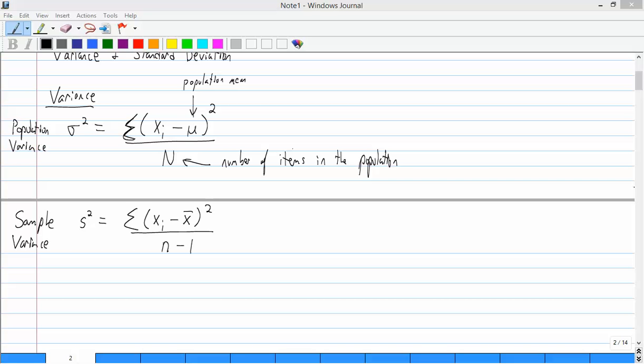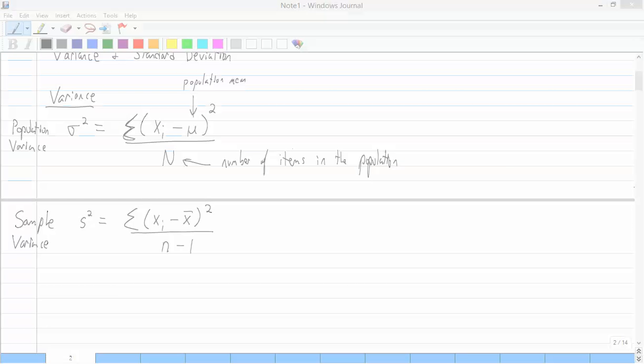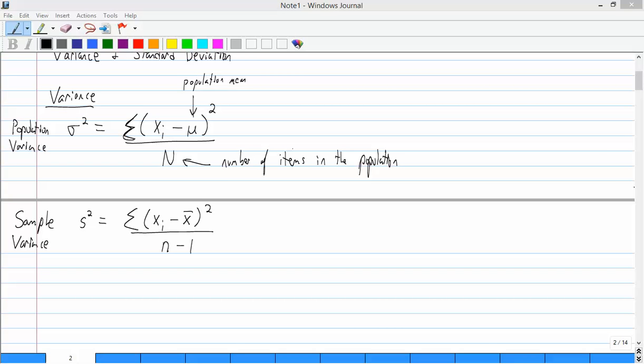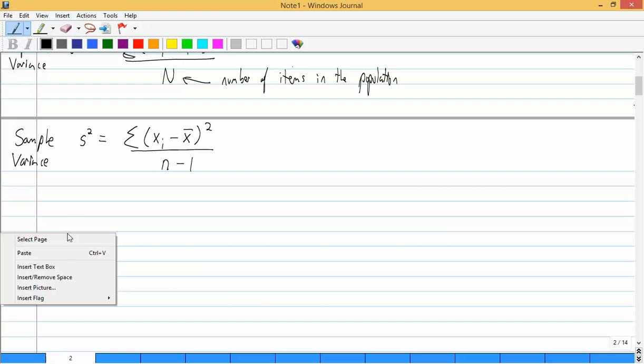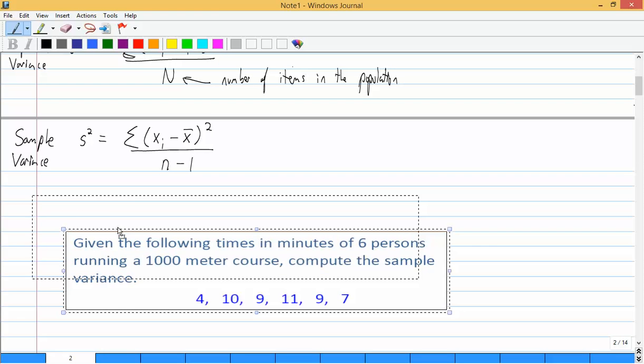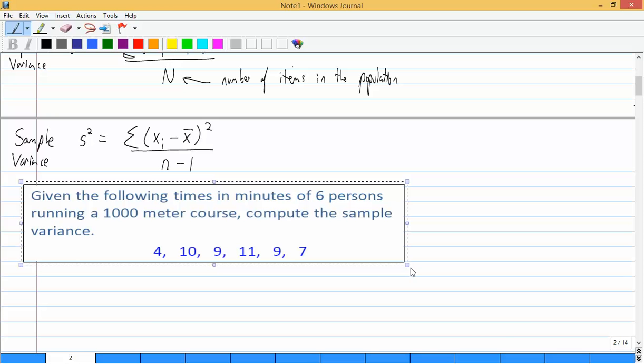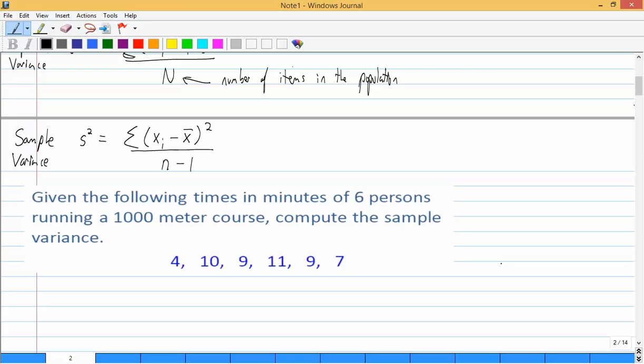And then we'll pull up a few more examples and work on those. So here is the example from your book. Alright, so given the following times in minutes of 6 persons running a 1,000-meter course, compute the sample variance.